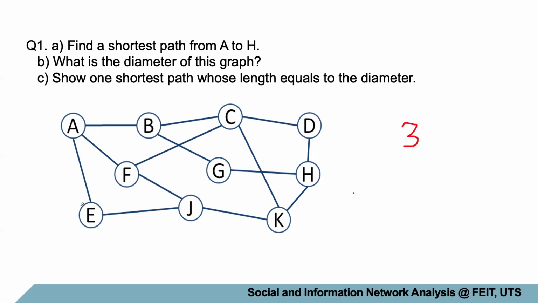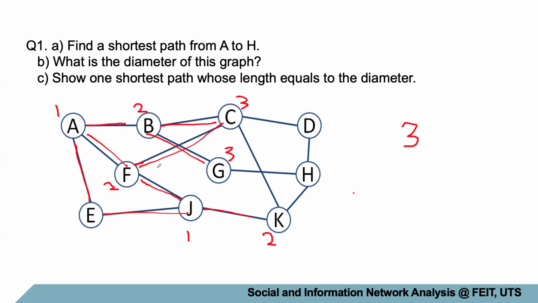And for example, from E, we can do a BFS here, distance 1. And then distance 2, A to B. J can go to K, 2. From 2, we can go to 3.